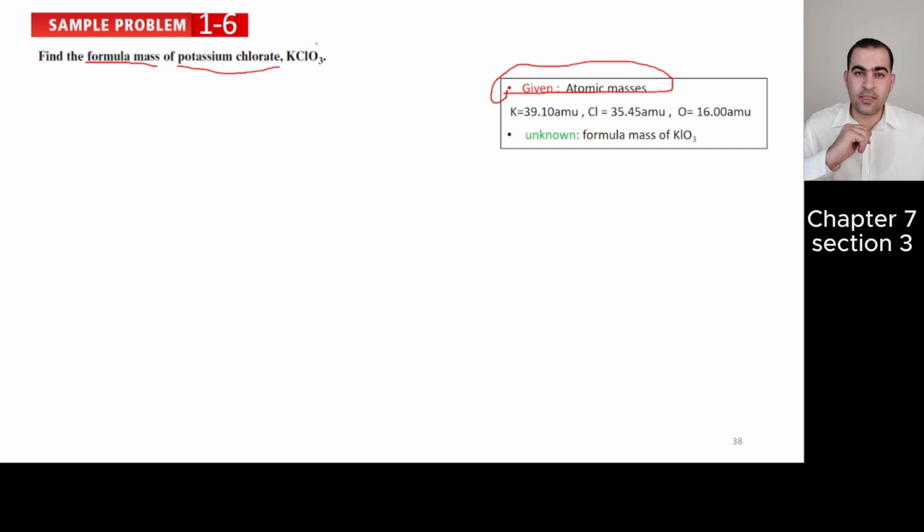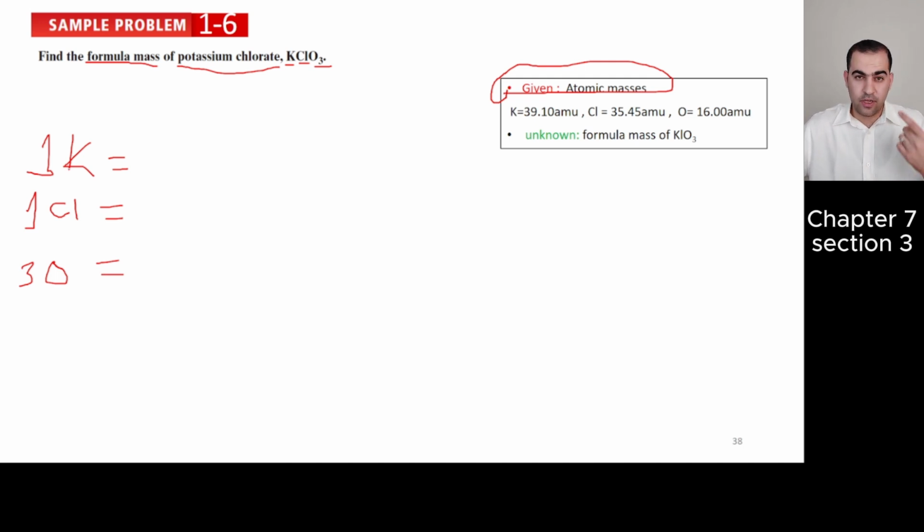The first step, as I said, is you must know how many atoms of each type there are. We have 1 potassium, 1 chlorine, and 3 oxygen. Just do it like me. So we have 1 potassium atom, 1 chlorine atom, 3 oxygen atoms.